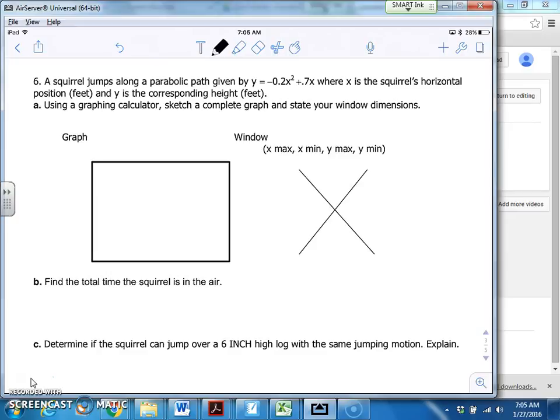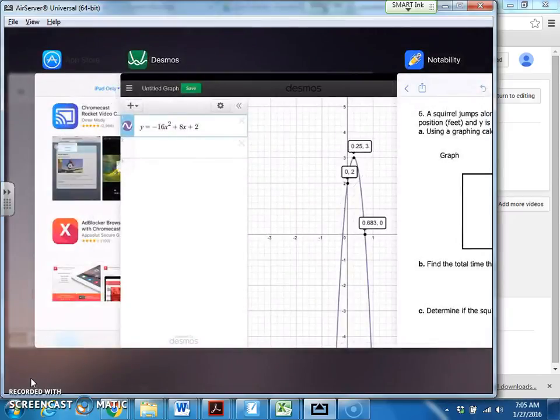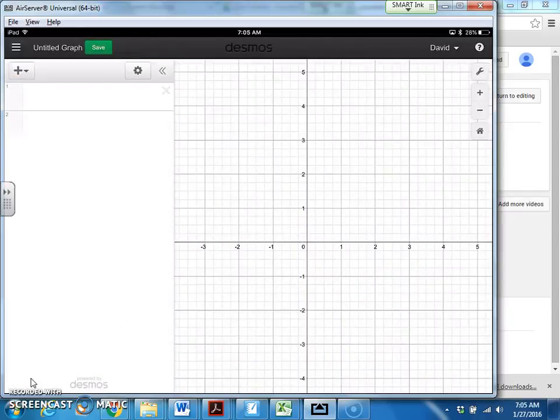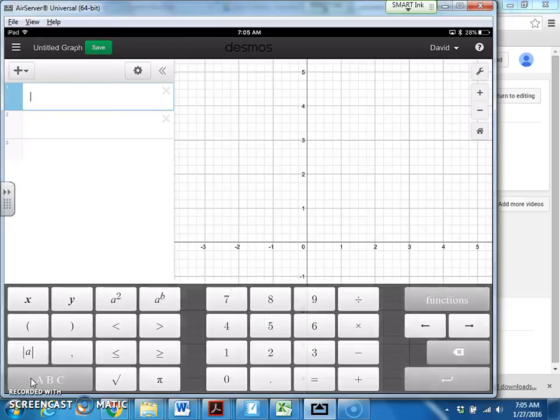Alright, we've got a jumping squirrel. We're in terms of y and x, so that's good. Let's go to our graphing calculator and see what we get. So negative 0.2 and 0.7 are coefficients. So I'm going to clear this out, and I'm going to add an expression, and y equals negative 0.2x squared plus 0.7, was it?